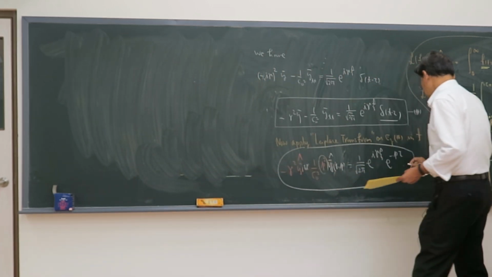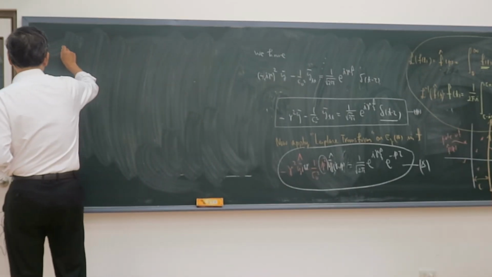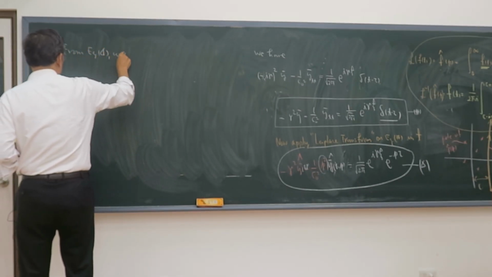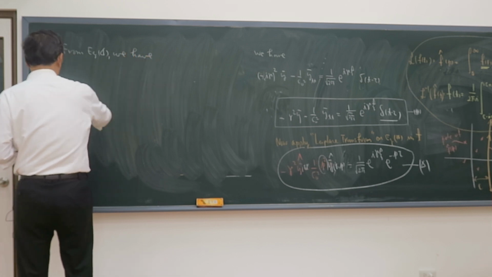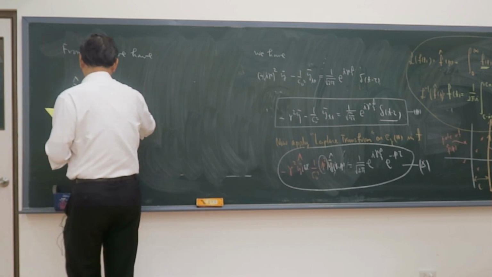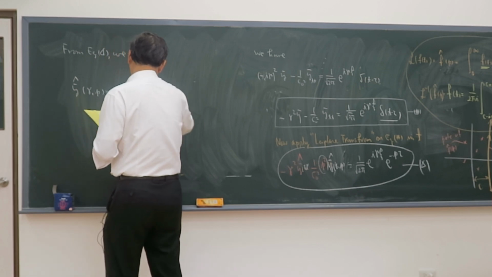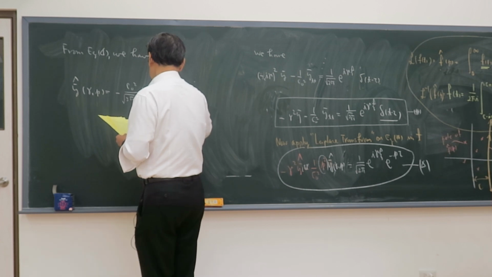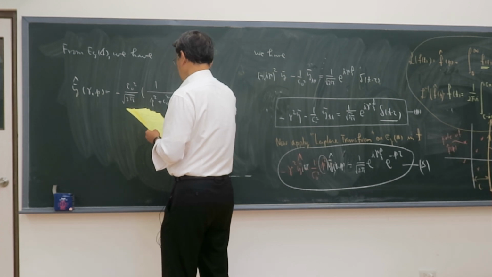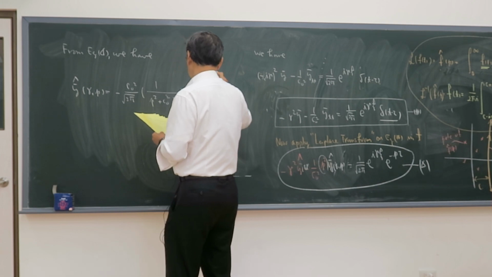Okay, so if I call this equation delta, from equation delta, we have y bar hat gamma p is equal to minus c0 square over square root 2 pi, 1 over p square plus c0 square gamma square, exponential i gamma c minus p tau.